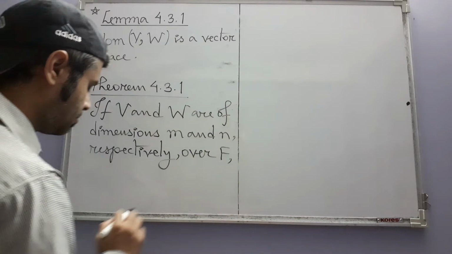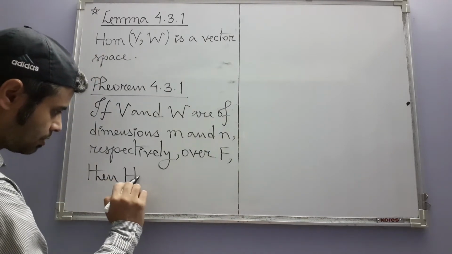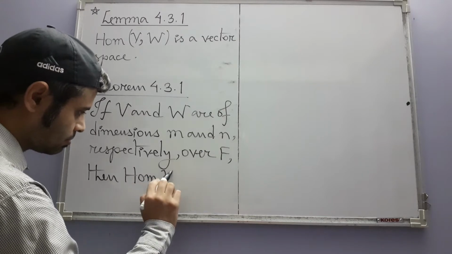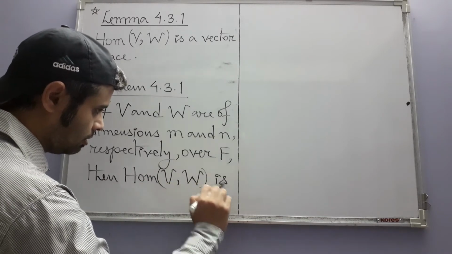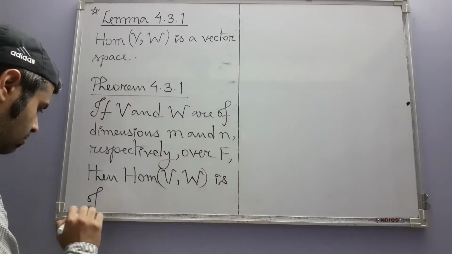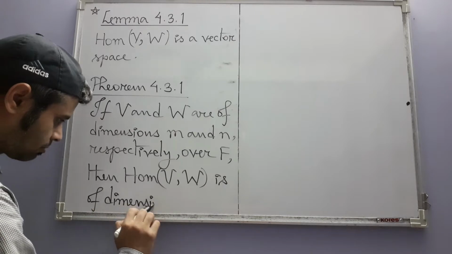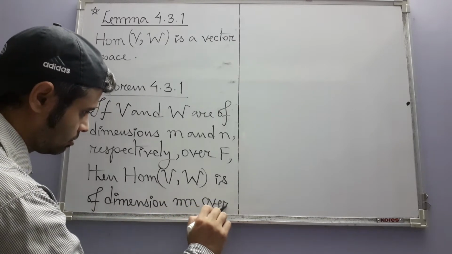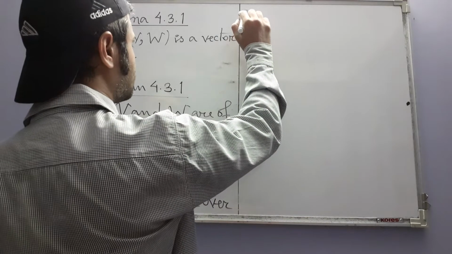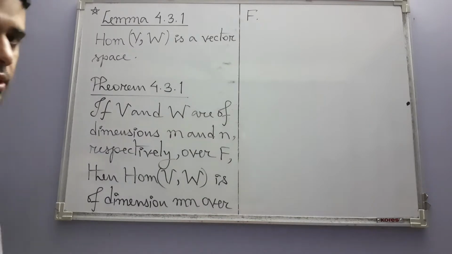Then our space of homomorphisms is of dimension mn over F. This is the statement.